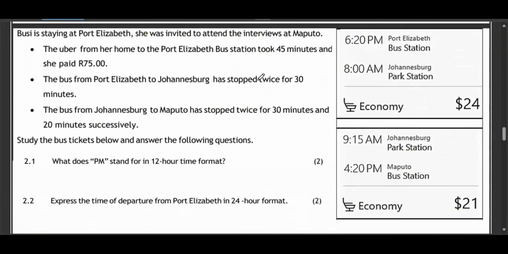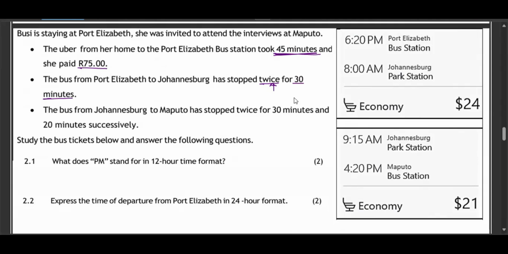All right, we look at the other question that says, we have someone, this person is coming from PE. She's going to be traveling to Maputo, which is in Mozambique. They have told you the story here. The Uber from her home to PE bus station took, take note of that, these numbers are not just given, 45 minutes. And she paid 75 rands. Keep it aside. Then the bus from PE to Johannesburg stopped twice, take note of that, for 30 minutes each.